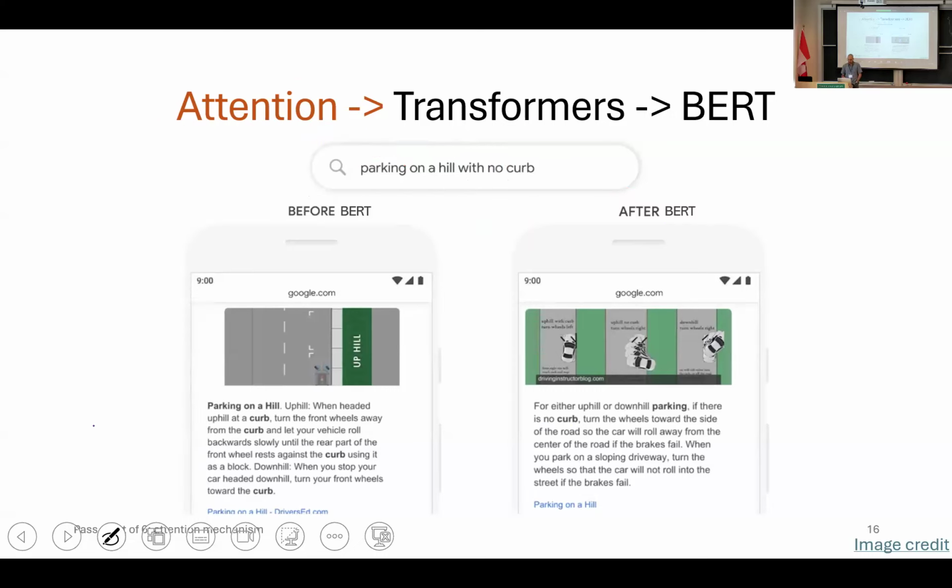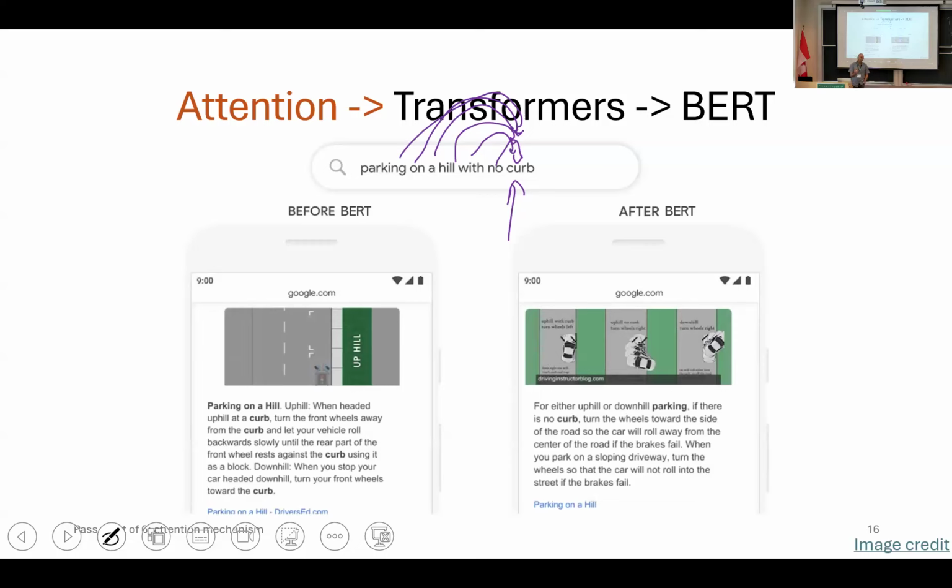This is called attention mechanism because of the way this sentence is embedded: when the BERT model is processing the word curb, there is some information from other words in that sentence which can affect the way the word curb is converted into a vector.